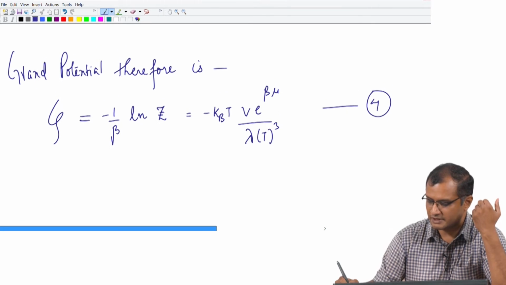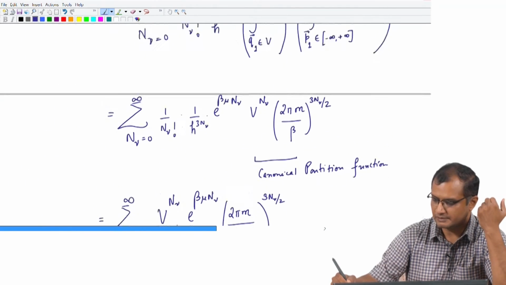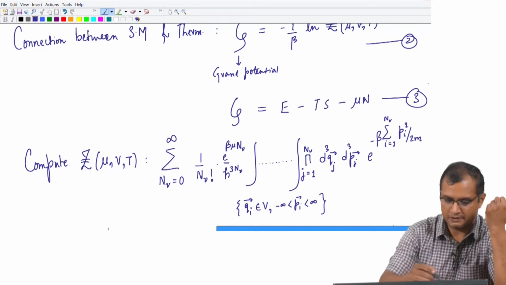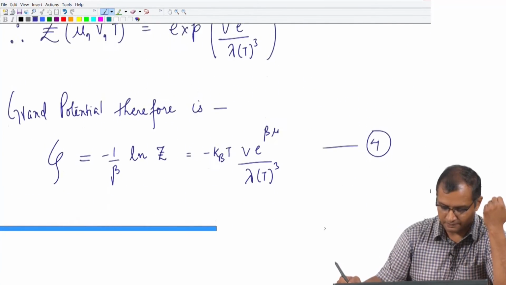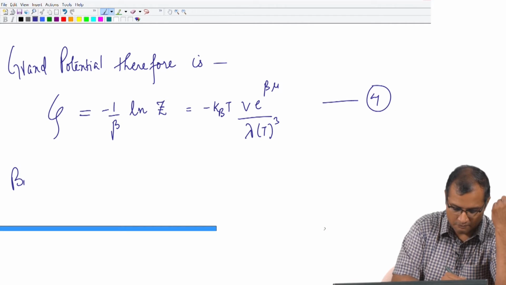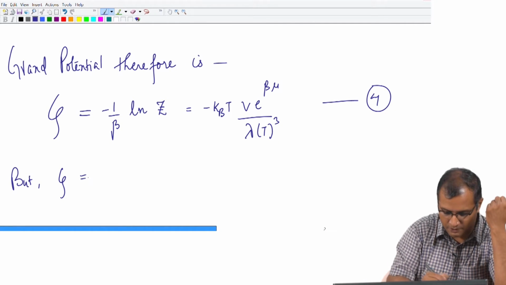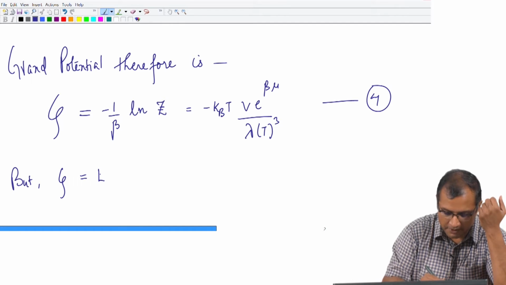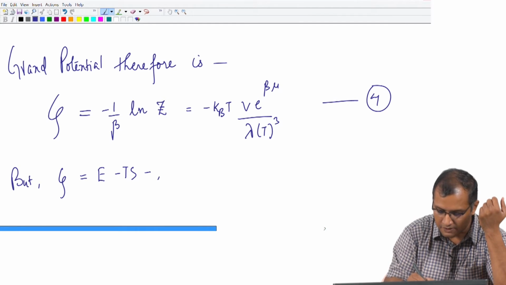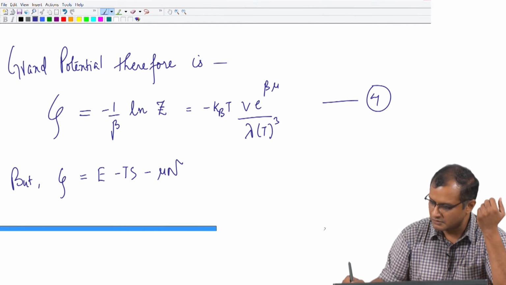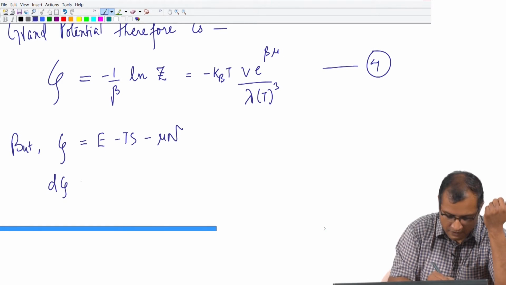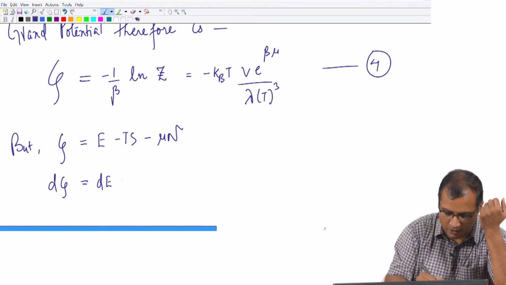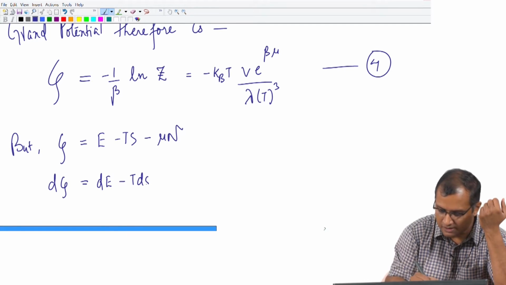So, if you look at equation 3 here, I am just going to write down equation 3, but we know that xi is equal to E minus TS minus mu N. So, I am going to take a small differential, and that is how I develop all connections.